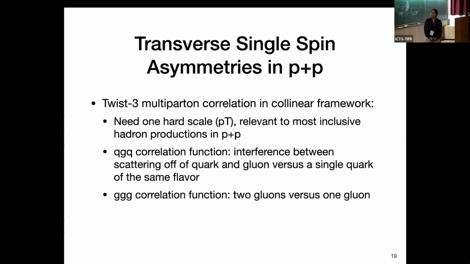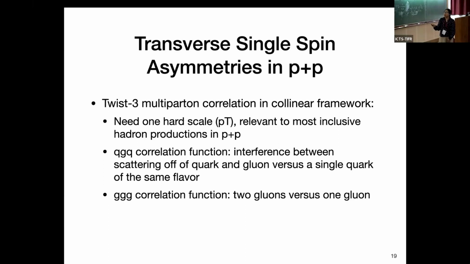But in fact, most of these PP observables are actually collinear observables, and you can study those inclusive hadron measurements from PP for the transverse single spin asymmetry in terms of the twist-3 multi-parton correlations in the collinear framework. So here, being a collinear observable, you just need one hard scale, and therefore you have an inclusive hadron measurement there.